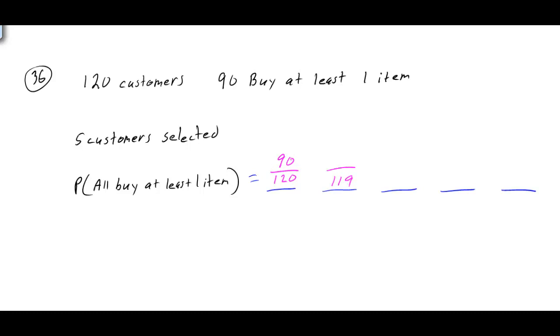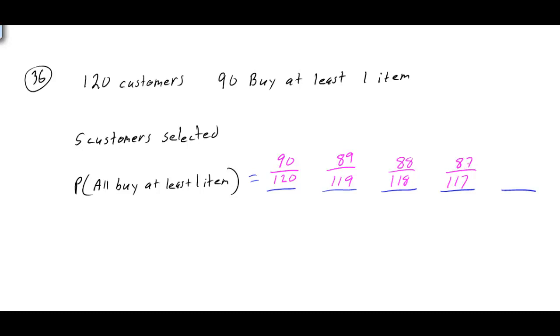And if that first person did buy the one item, which is what we're looking at, all 5 buy at least one item, that means now there's only 89. And then again, now we've selected 2, so we're down to 118. And then that means there's only 88 left that bought at least one item. And then it continues to 117.